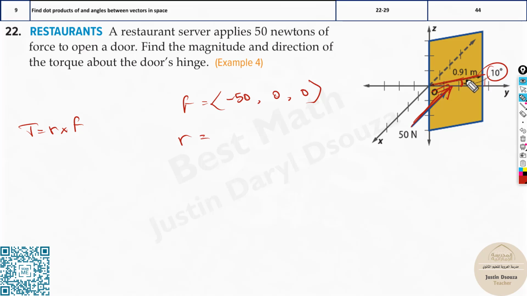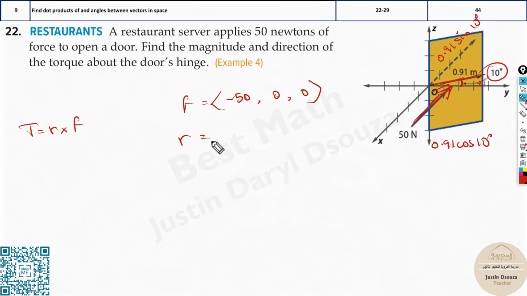So basically, you can see this is 10 degrees and over here this is the distance. Along the y-axis, one of the resulting components is of magnitude 0.91, and it's along this line, the angle is formed, so it's cosine 10 degrees. But along the x-axis, it'll be 0.91 sine 10 degrees.